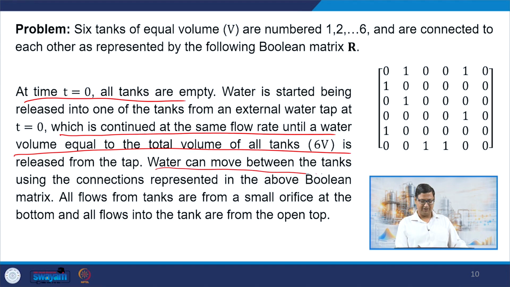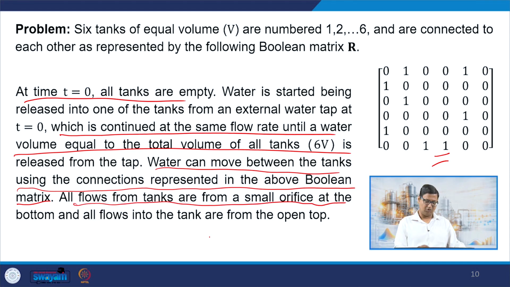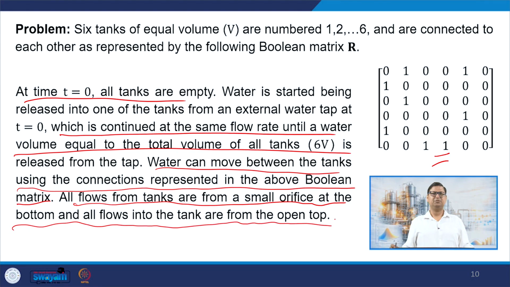Water can move between the tanks using the connections represented in the above Boolean matrix, just like the piping network I was telling you, and all flows from the tank are from a small orifice at the bottom, and all flows into the tank are from the open top, just to make sure that it can overflow, and the overflow basically goes out.